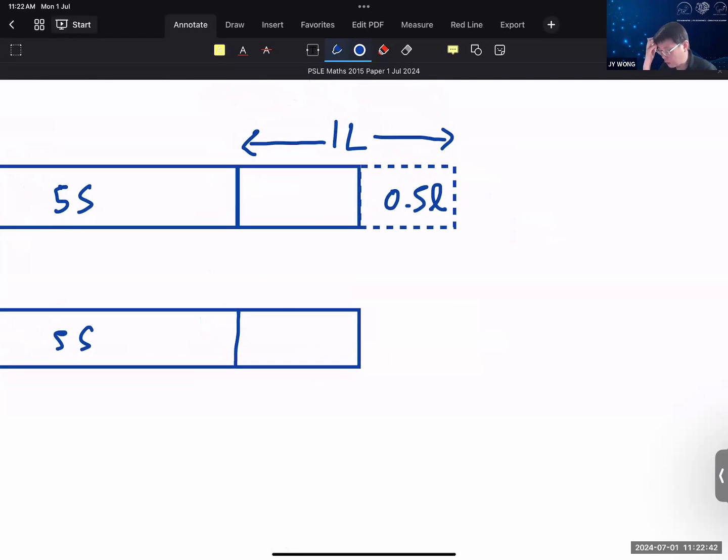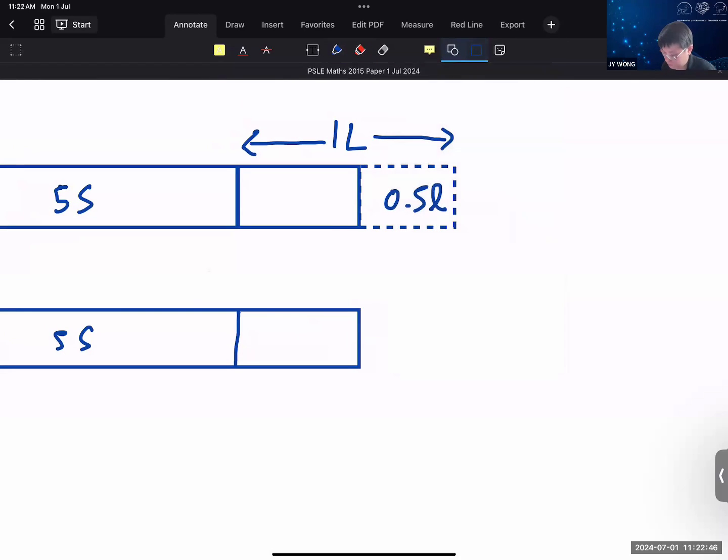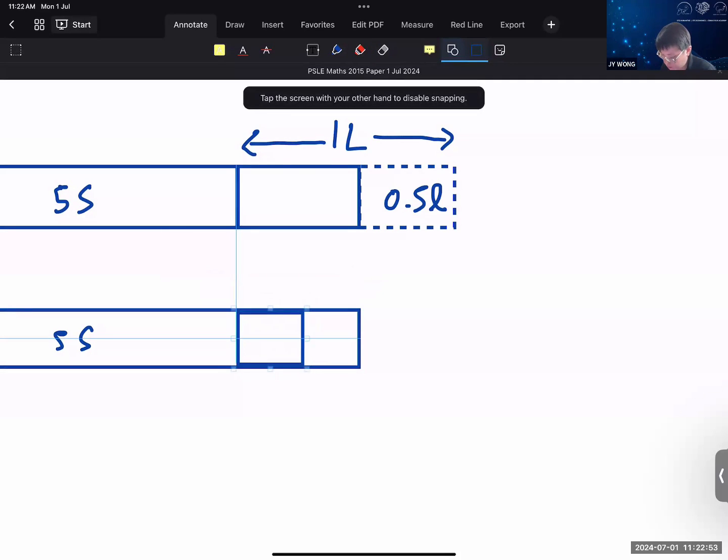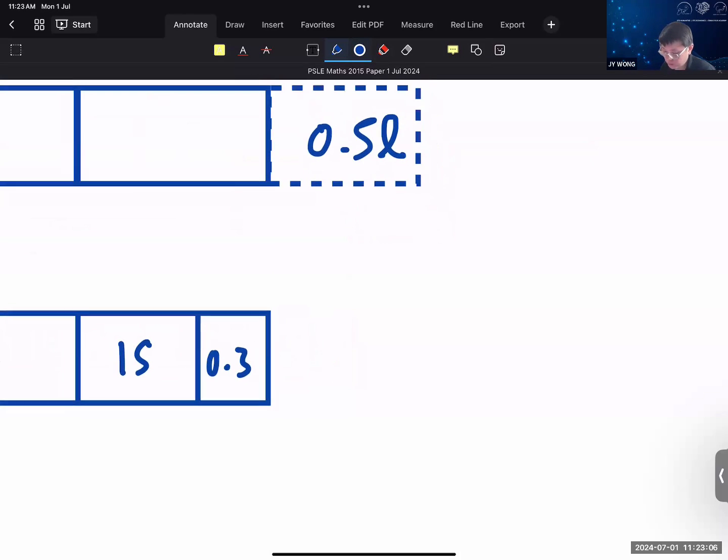So instead of filling 1 large, she fills 1 small. What happens when she fills 1 small? She has 0.3 liters left.